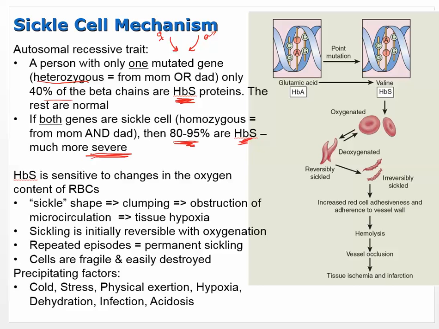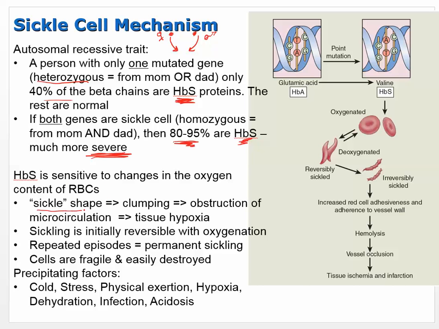This is where it's much more of a problem, and life limiting, you might even say. You have to get a bad gene from both mom and dad for that to happen.